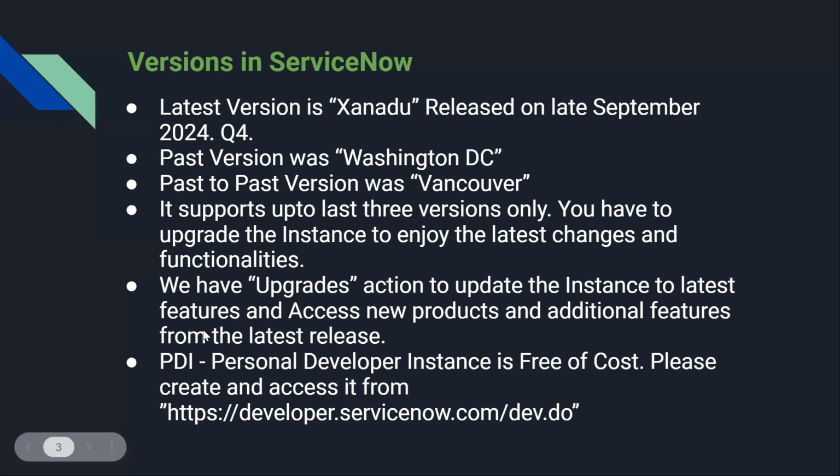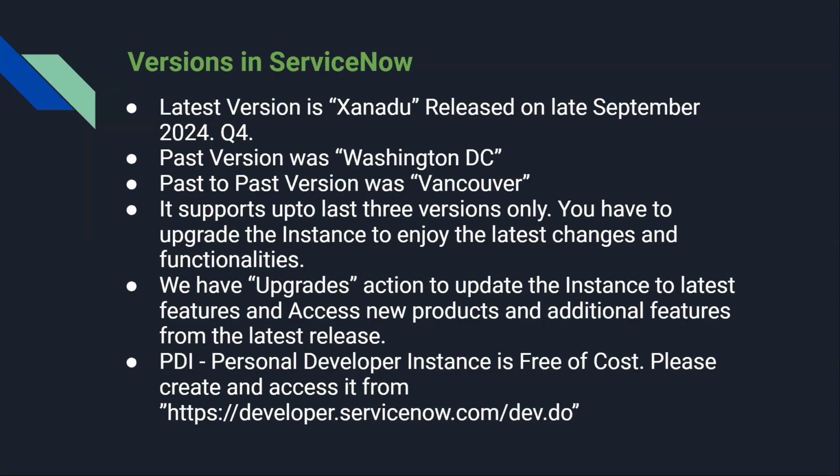In ServiceNow also we have various versions. ServiceNow took birth in the year 2004. When it came to the market, the name they had given was GlideSoft. Later it was renamed ServiceNow, and the short name for ServiceNow is Snow. The current version is Xanadu, and ServiceNow supports up to the last three versions.